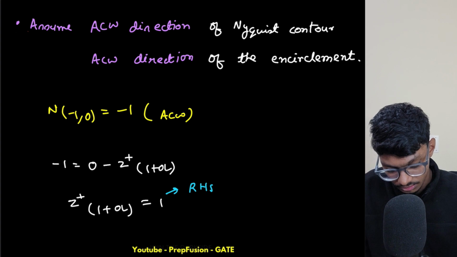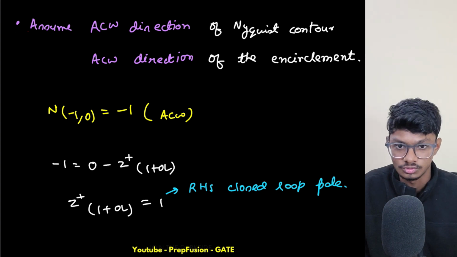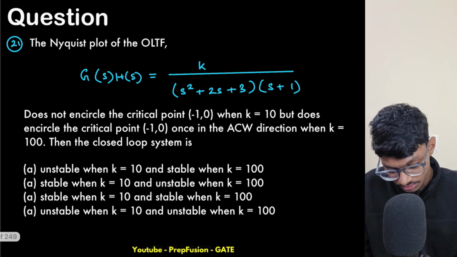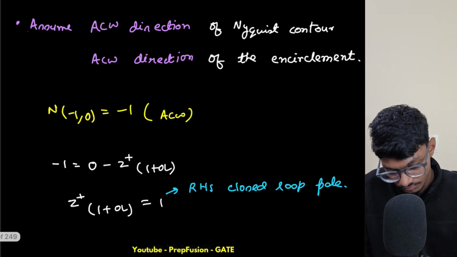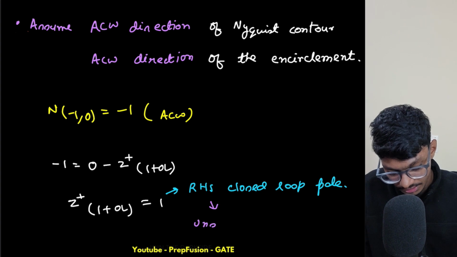So what is the question telling? It is unstable basically. So when K is 100, it is unstable.